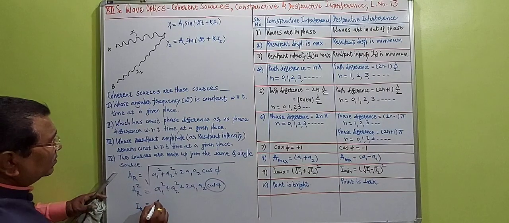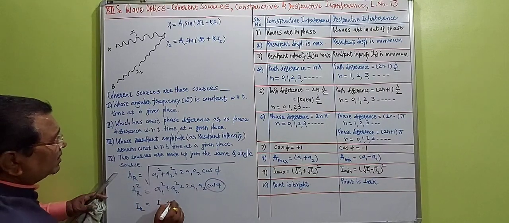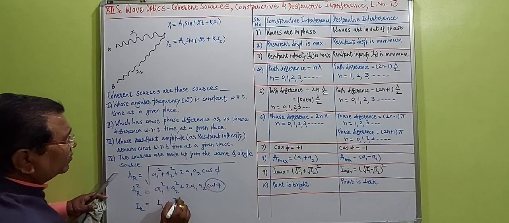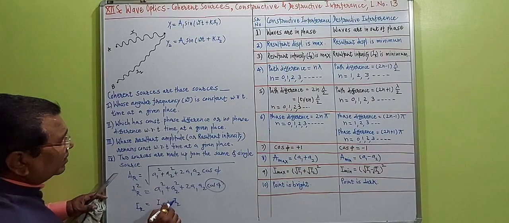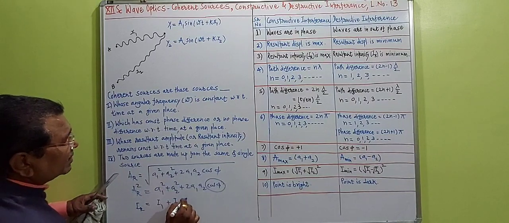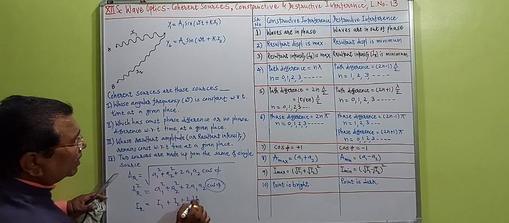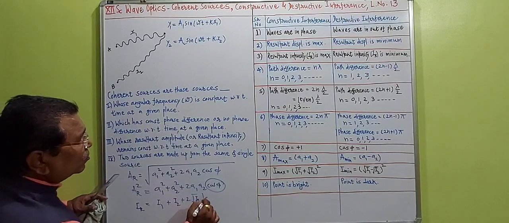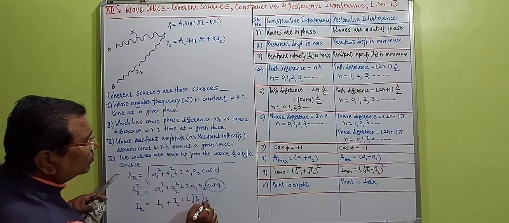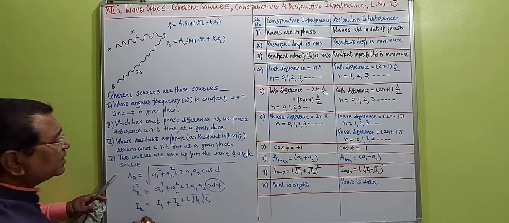Instead of A1 we write I1, instead of A2 we write I2. So A1 square is I1, A2 square is I2, plus 2 root of I1, root of I2.